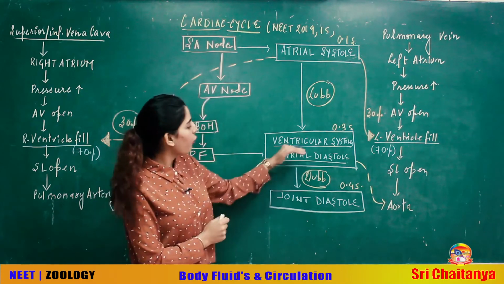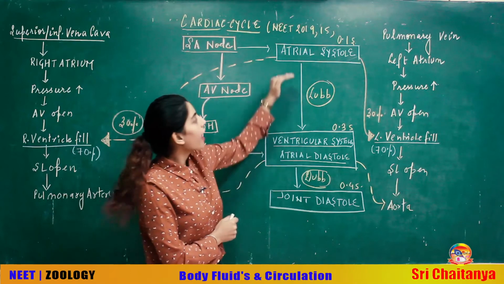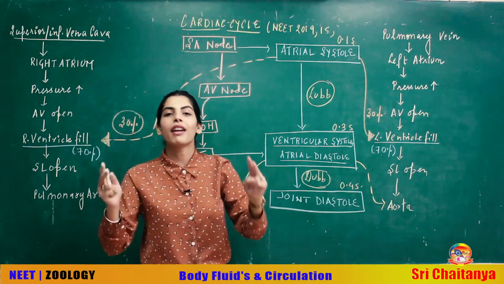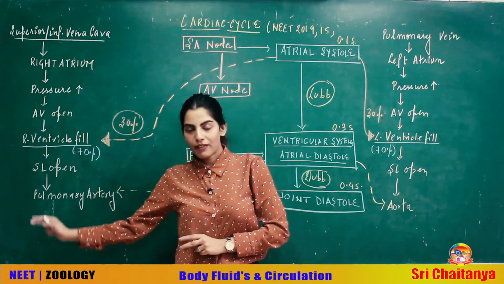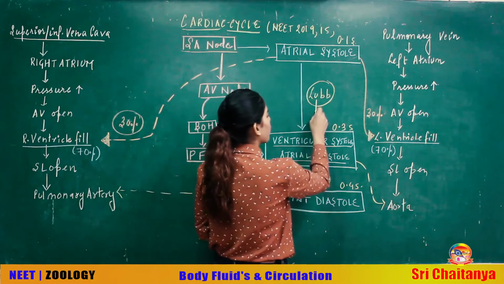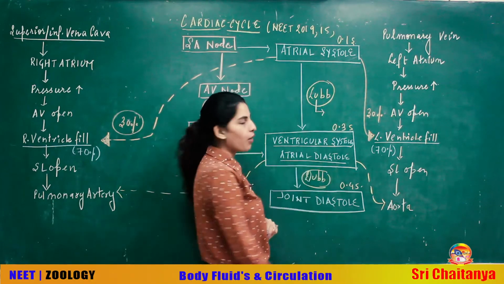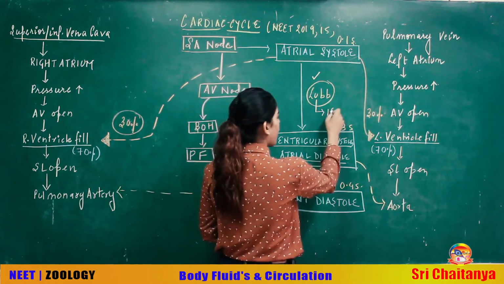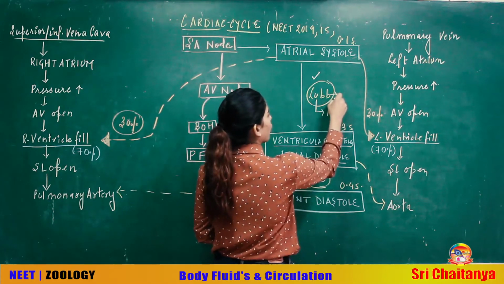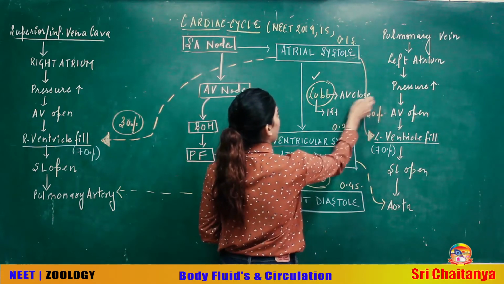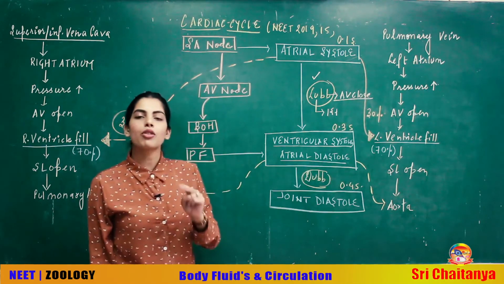That means before ventricular systole and after atrial systole, what you close is your AV valves. Tricuspid valves on this side and bicuspid valves on this side, which leads to the production of the first heart sound called lub. So lub is the first heart sound, that is because of the closure of AV valves. When the AV valves close, it produces the heart sound lub.